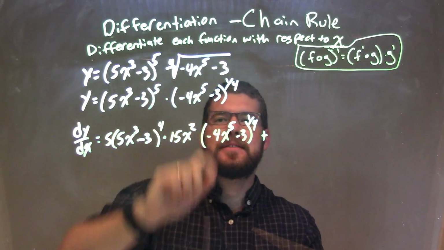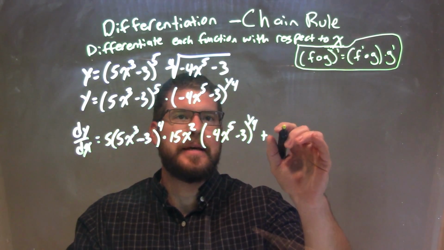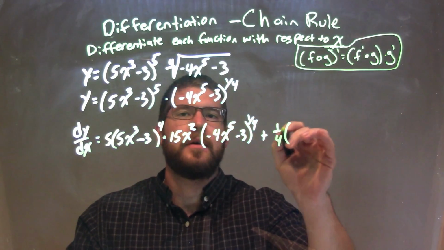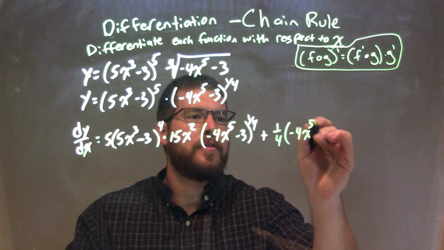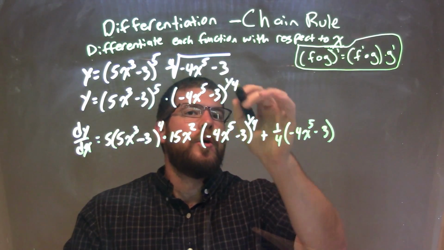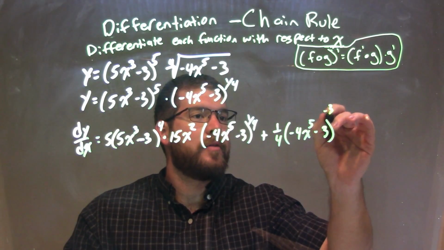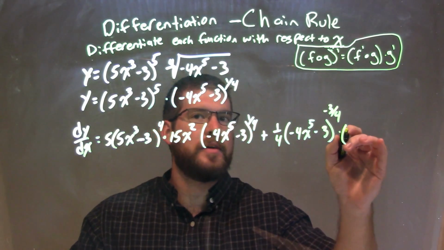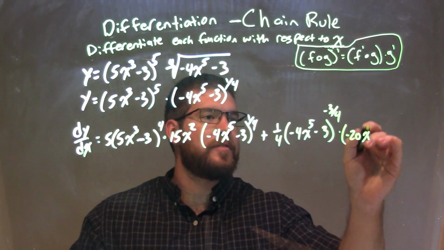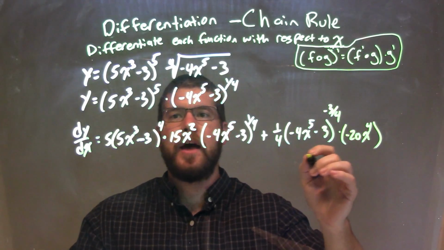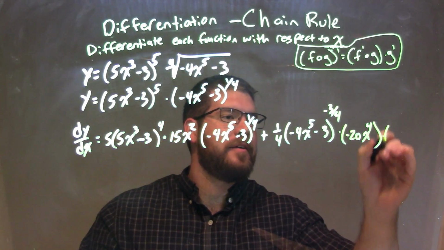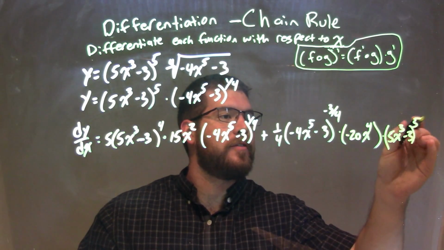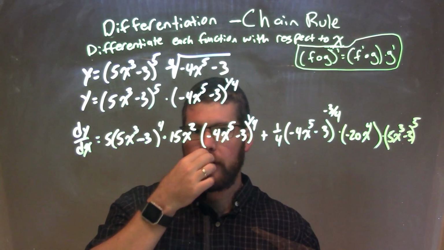We're going to apply the chain rule again. 1/4 comes out, times the inside 4x to the fifth minus 3, and we subtract that exponent by 1, which is a negative 3/4 power, times the derivative of the inside of that parenthesis, which is negative 20x to the fourth. Then we take the last part multiplied by the end, the first parenthesis, 5x to the third minus 3 all to the fifth power. Okay, so now we're going to do some simplification.